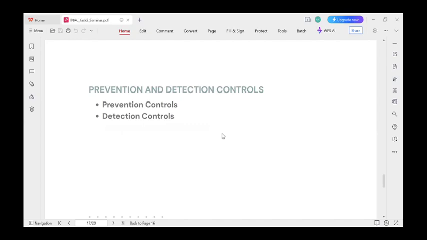So the type of controls which can prevent the fraud. This is the type of control which is designed to stop errors or fraud from happening.